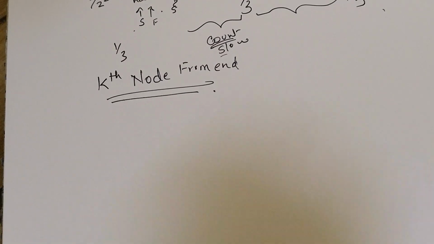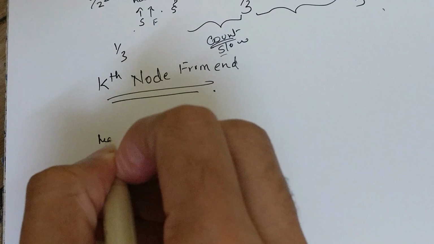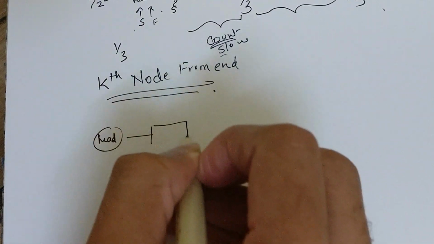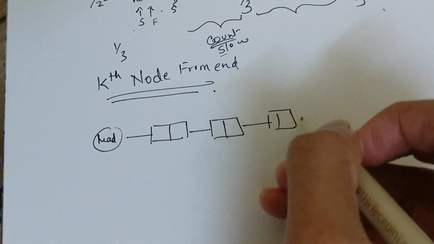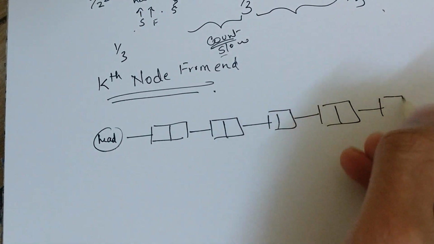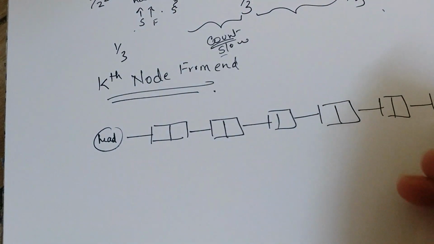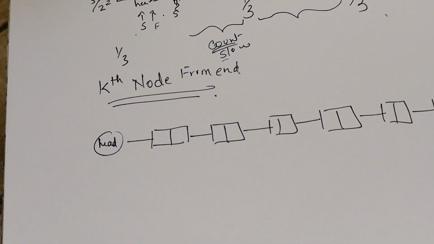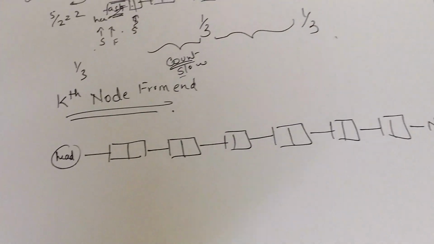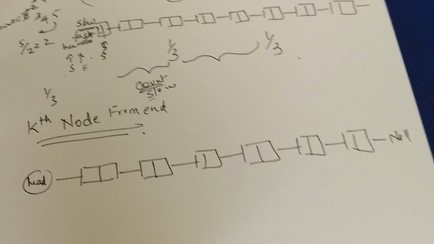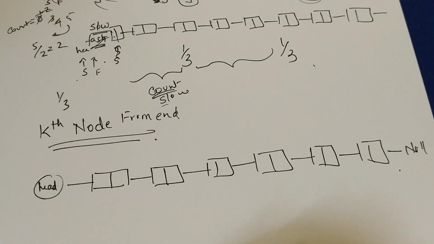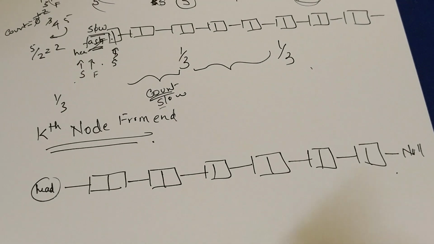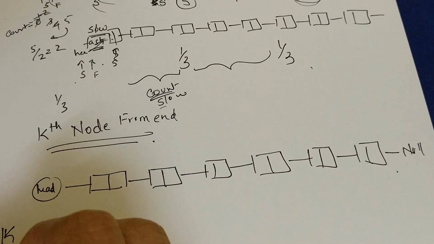So let me consider a linked list ending with null. I want to find the second node from the end, or k nodes from the end.